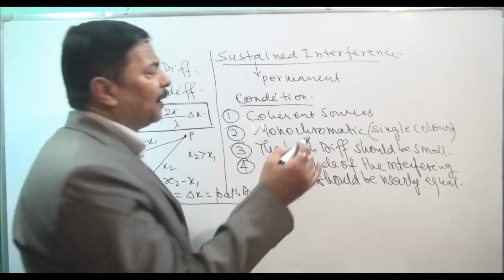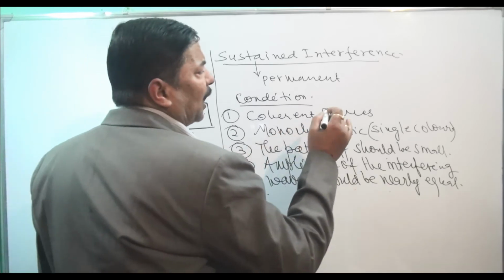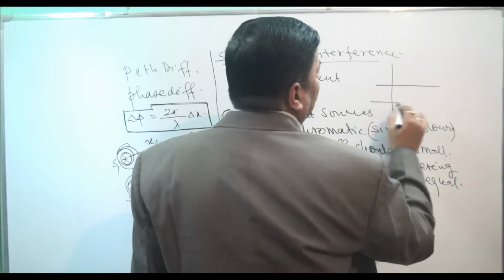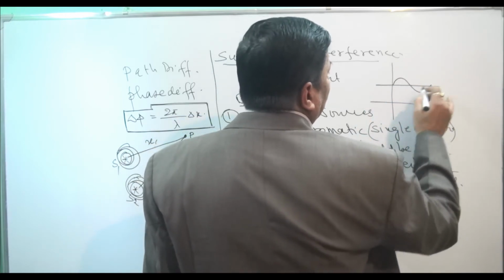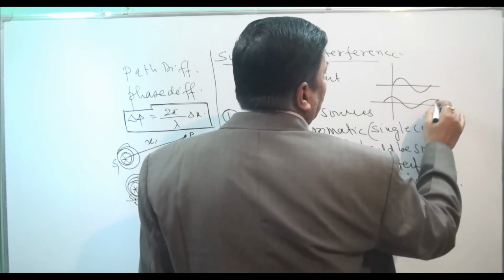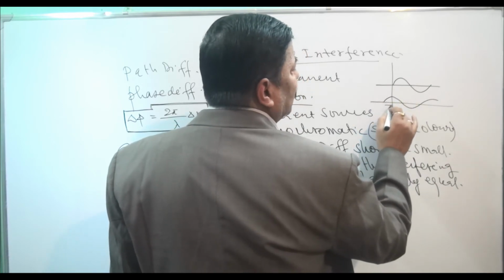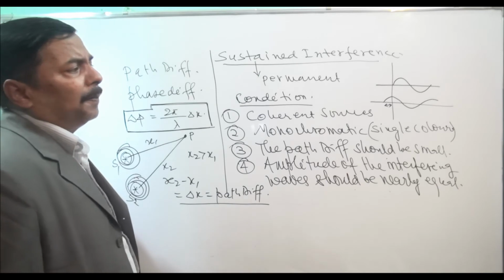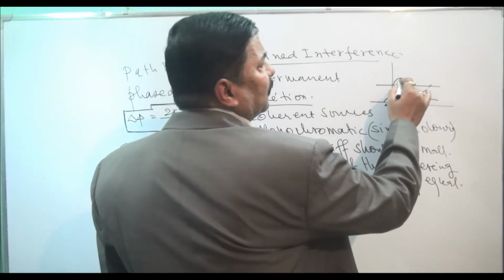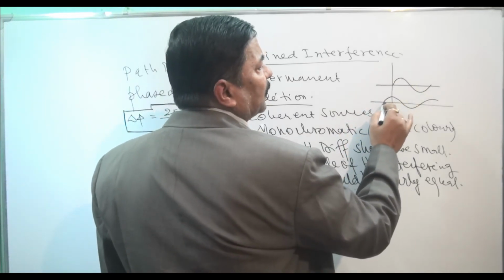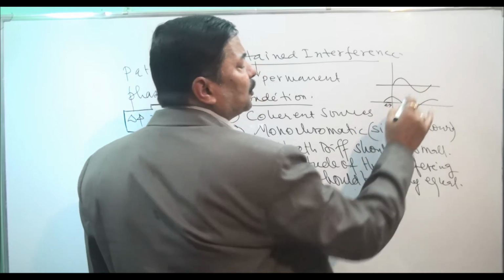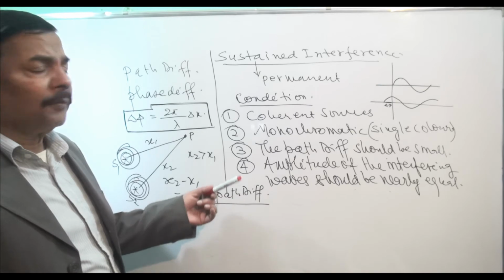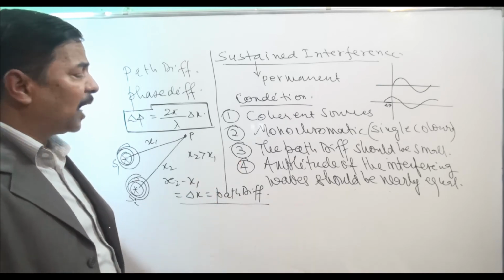In terms of waves, if this wave is there and this wave is there, here this much is the path difference between the two waves. In detail we will discuss it while doing the calculation.